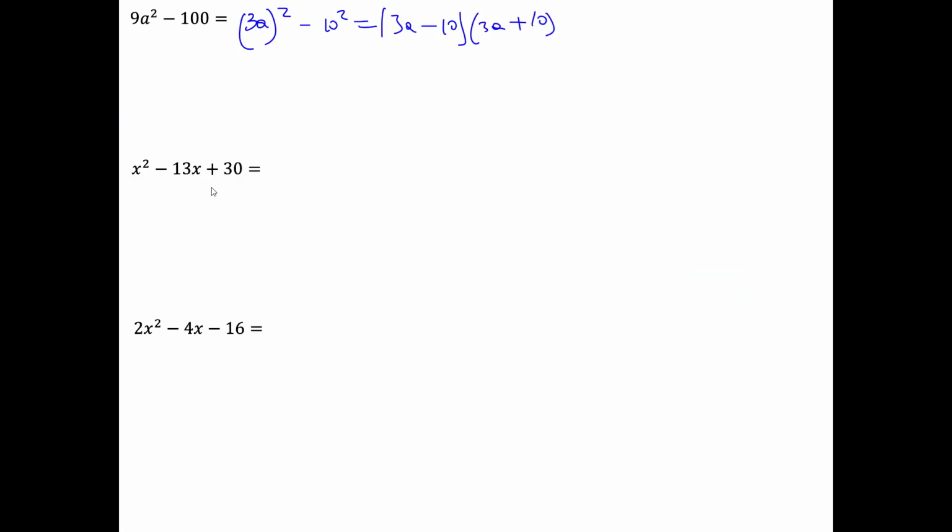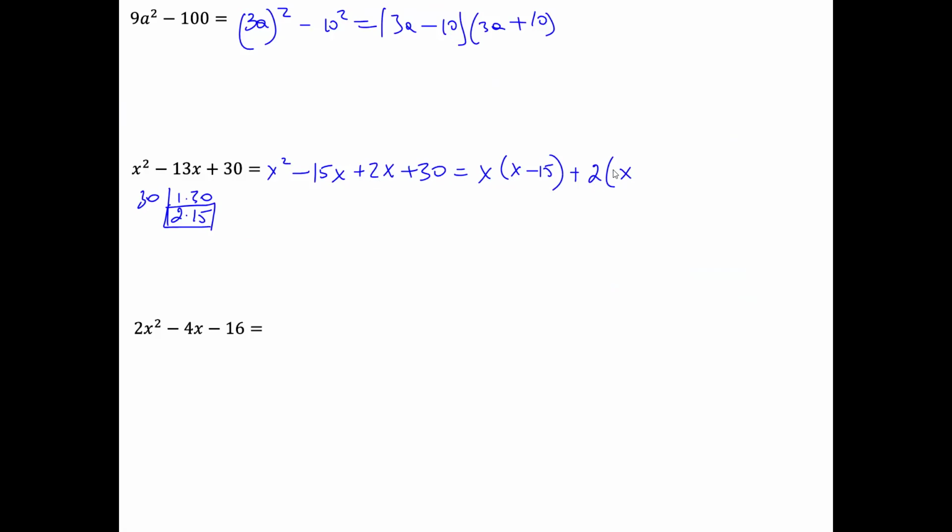This one, 30 is not a perfect square. So 1 times 30, no. 2 times 15, yes. x squared, now negative 13 can be created as negative 15 plus 2, plus 30. So what I have, x minus 15 plus 2x. Something is wrong.